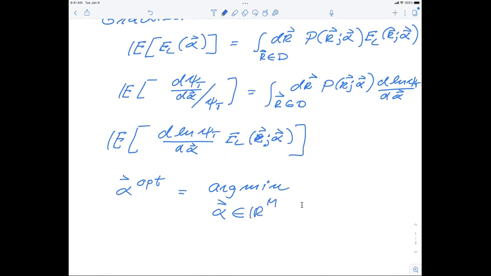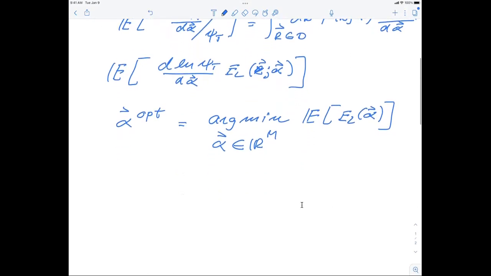So we have m alpha values, and then we need to optimize the local energy, which means that we need to evaluate the derivative of the local energy. One of the simplest possible methods which we are going to look at is based on an approximation where we introduce something which we call a learning rate. So the simplest possible method which we can implement is a simplification of the standard Newton-Raphson method.